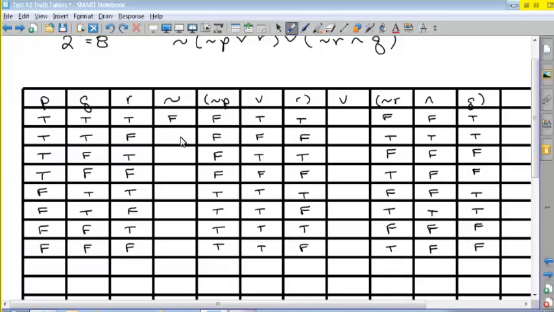So the true here becomes false, the false here becomes true, true becomes false, false becomes true, and then I've got all these trues, so those all become false. So that's the column that represents the entire left-hand side, and then I compare that with this column, which is everything that's on the right-hand side.